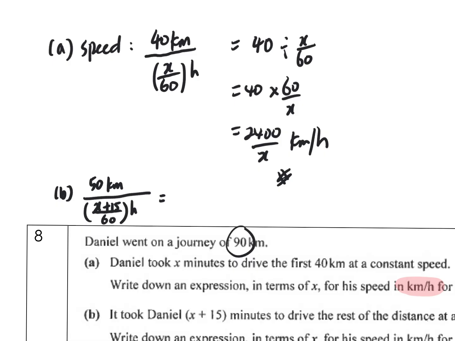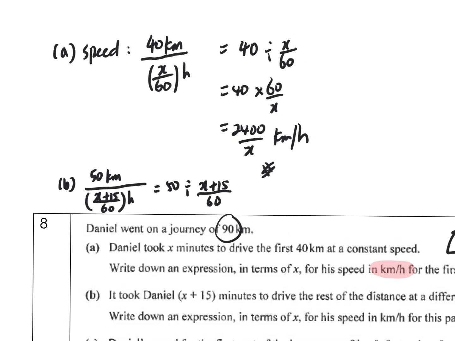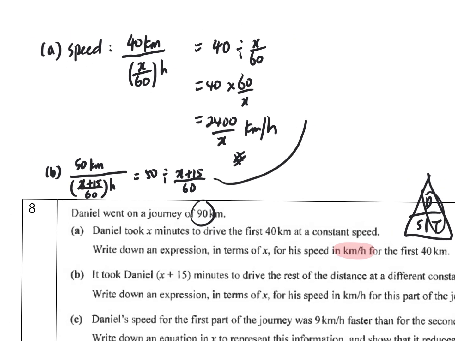So the second half, you can also simplify. Okay, wait, I'll squeeze a bit. So that's 3,000, I believe. Okay, so this is part B's expression.